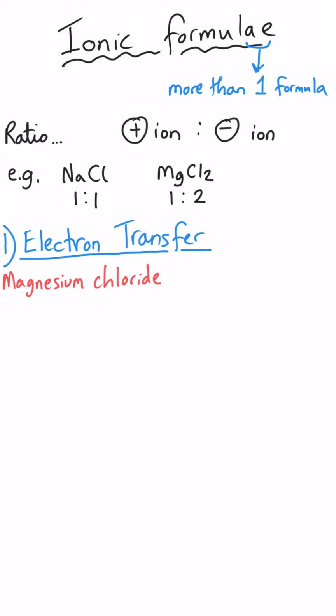The first one is what I'm going to call the electron transfer method. So, for instance, if we have magnesium chloride that I've just mentioned, magnesium needs to transfer electrons in order to get a complete outer energy level. So currently, if we just go to the GCSE notation of 2,8,2 for its electron arrangement, you can see those two electrons in the outer shell need to be lost. So magnesium needs to transfer away 2 electrons in order to get a complete inner energy level, which has become its outer energy level.